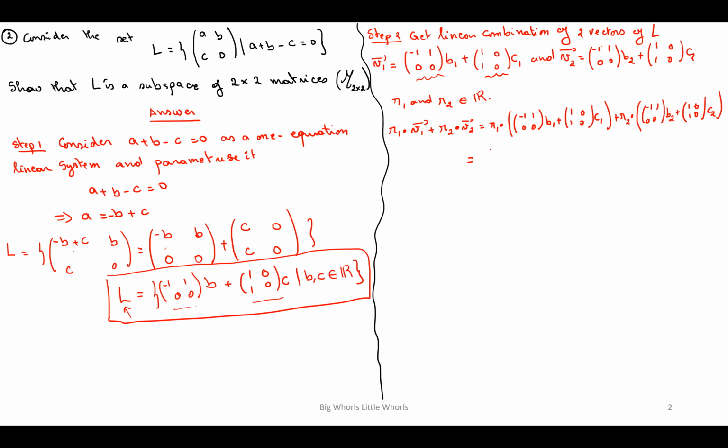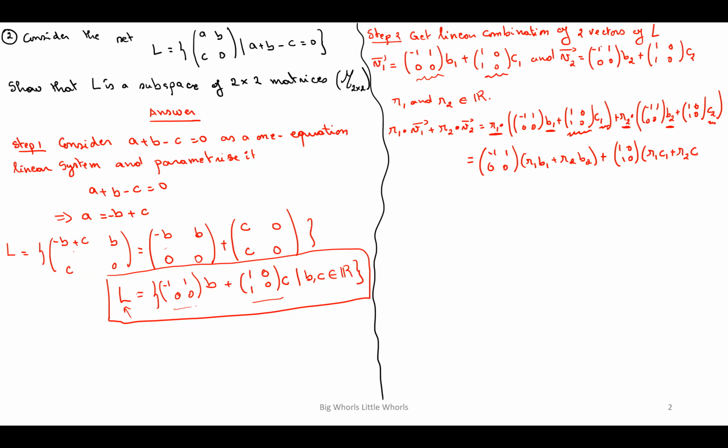I'm going to go straight away. Here we are going to factorize. With the matrix minus 1, 1, 0, 0, we can factorize r1 b1 plus r2 b2. And the second matrix, 1, 0, 1, 0, we can factorize with r1 c1 plus r2 c2.